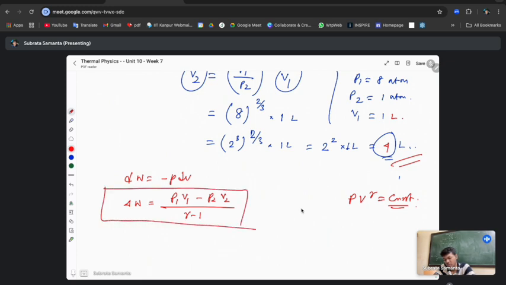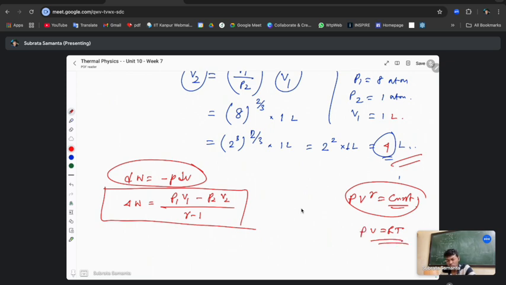So using these equations and PV to the power gamma equals constant, you can also use the ideal gas law, PV equals RT. So it is straightforward to calculate the delta W for an adiabatic process. This one is a process, and this is an equation of state.